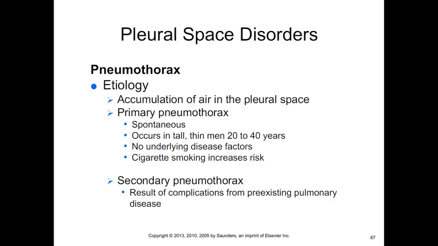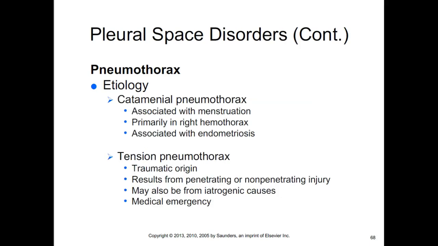All right, so pneumothorax, right? Pneumothorax is when there's accumulation of air in the pleural space. So how do you get a pneumothorax? It could be spontaneous. It's called a primary pneumothorax. It occurs in tall, thin men, 20 to 40 years of age, with no underlying disease factors, although cigarette smoking does increase the risk. Then a secondary pneumothorax is a result of some sort of complication with other pulmonary diseases, right?